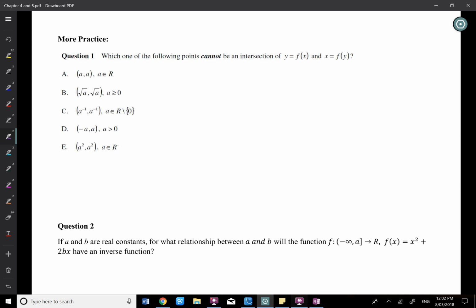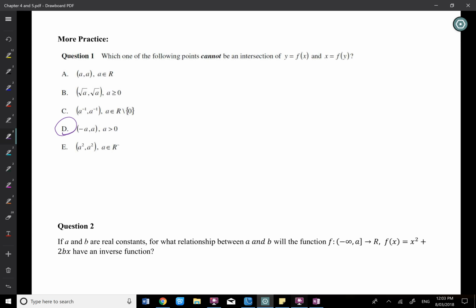But according to what we think, for 99% of the time, D is the point which cannot be included for intersections, because all the other points got the same x and y values, which is on the line y equals x. They will definitely intersect.